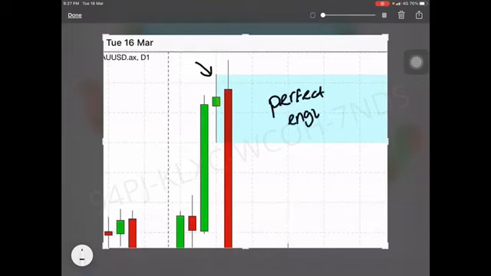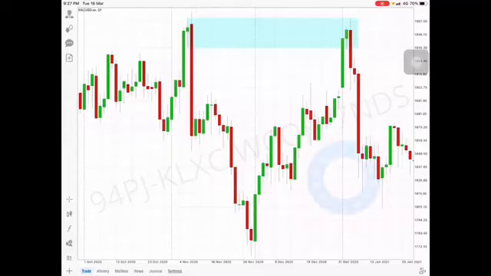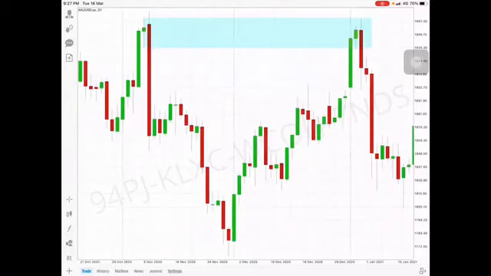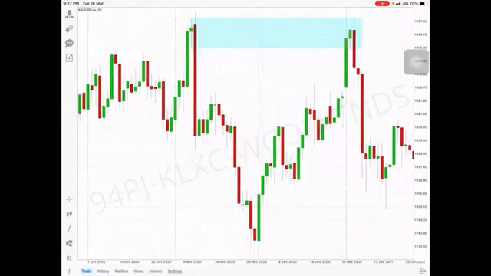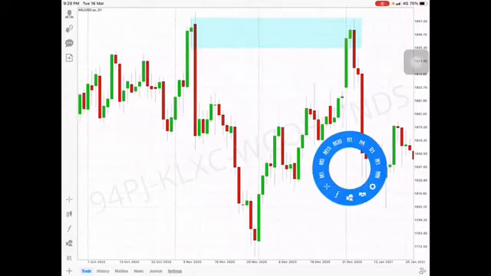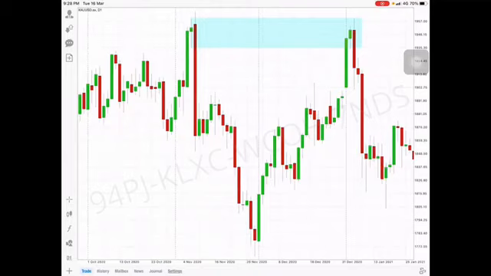So right here, we have an engulfing sell. The candlestick that is being consumed is this one. So this is perfect engulfing. When the price reaches there, we're going to look for sell. I'm going to show you some more.